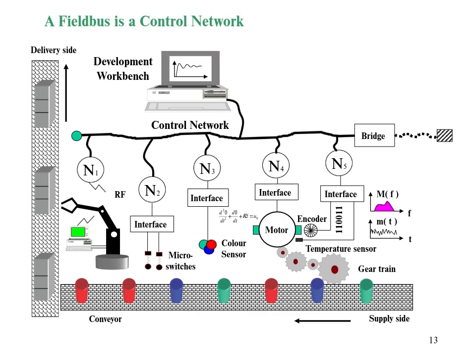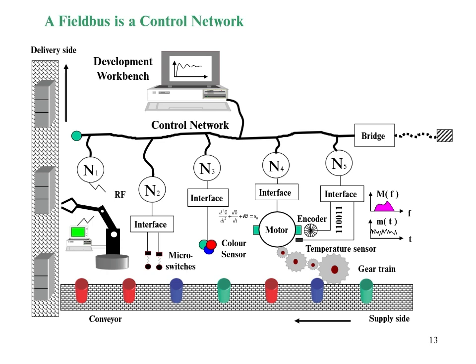It has a robot, a conveyor belt, a motor, and also sensors. Sensors and motors, which are actuators, are connected into a single network called fieldbus. N1, N2, N3, N4, N5 are the microcontrollers. They are connected to sensors on one end and to the network on the other end.